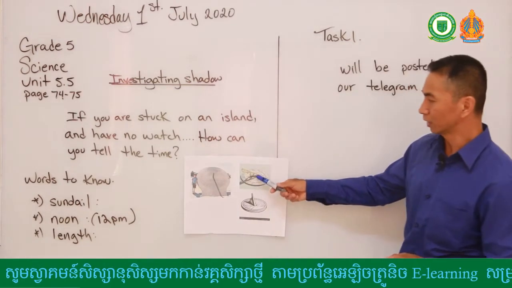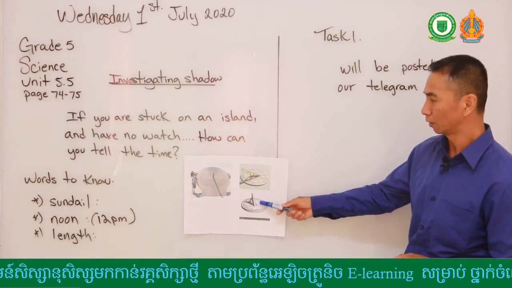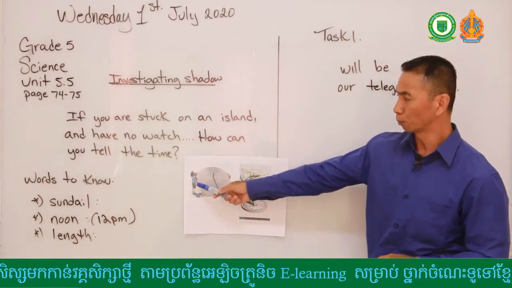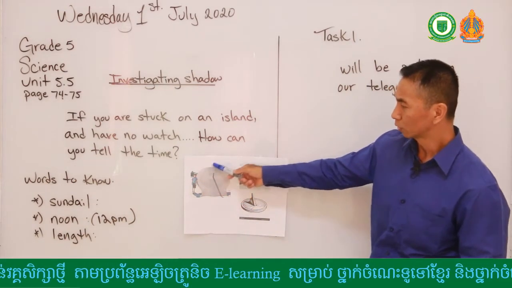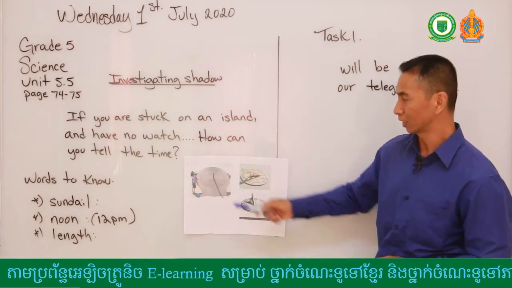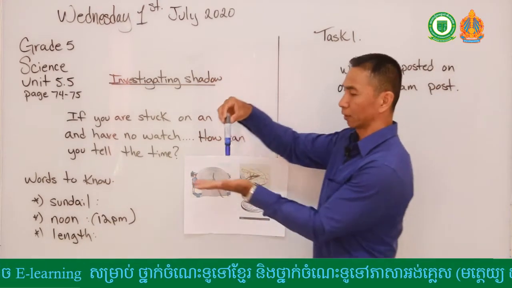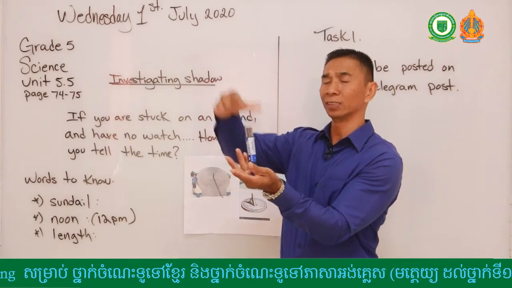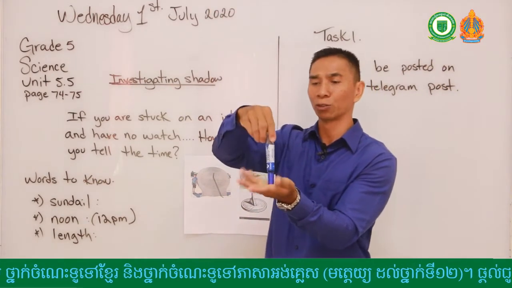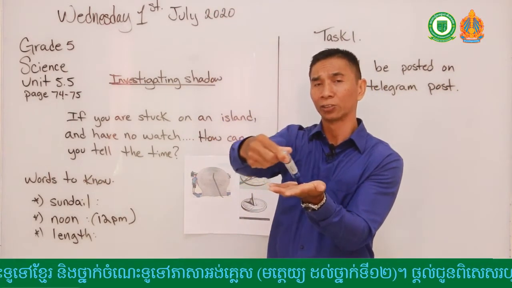As you can see, this is a picture of a sundial. You see this little boy standing next to a big, gigantic sundial. A sundial is a round object with a stick in the middle of it. When the sun casts at certain angles, the shadow will fall in line with a certain time.